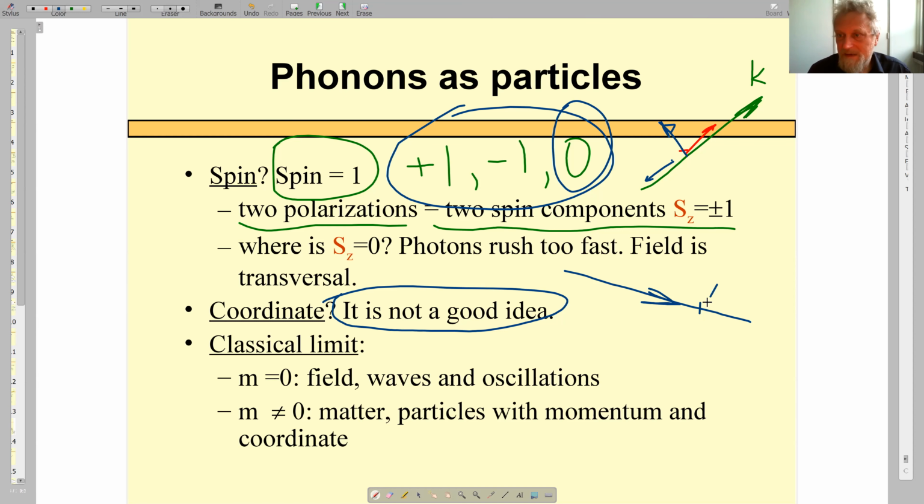So it's just not a good idea to ascribe any coordinate to a photon. We are talking about photons.